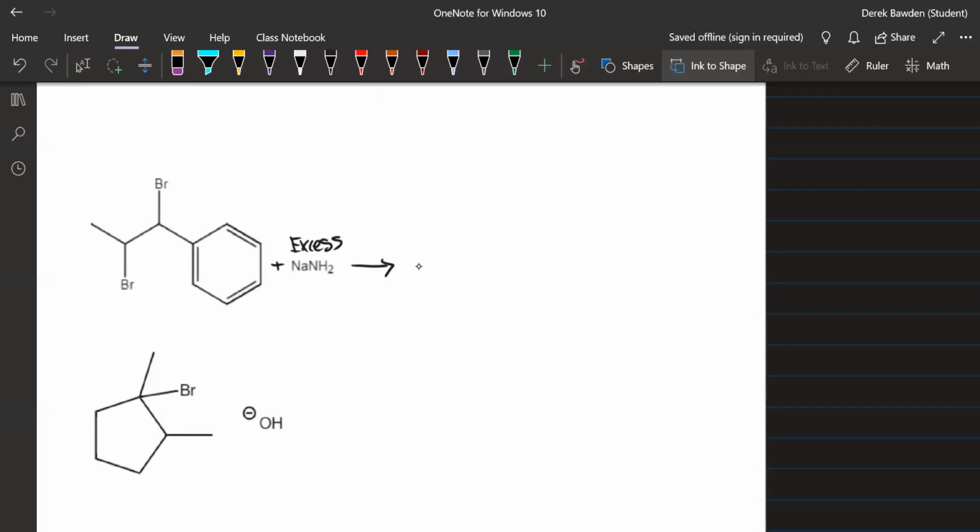So what's going to happen here is both of those bromines are going to leave, and we're going to get a triple bond right there. That's just a little hint. I'm not sure if he's going to go over that for the exam.